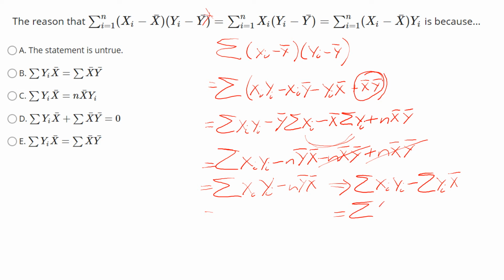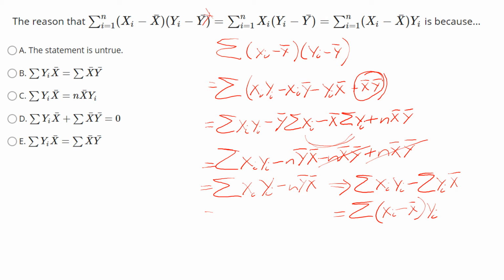Sum of xi minus x bar into yi. And we can do the same thing to get xi out of the bracket and have yi minus y bar inside the bracket. Okay, so what was the key feature here that enabled us to do this?